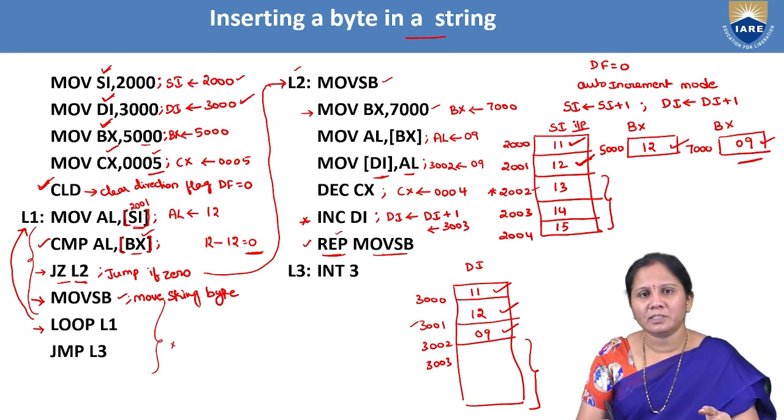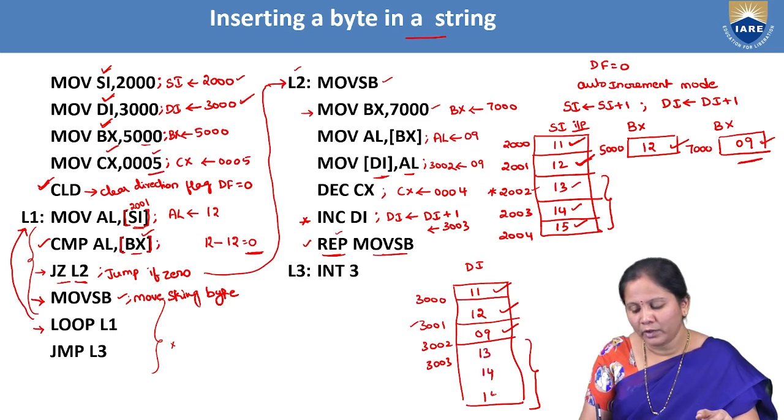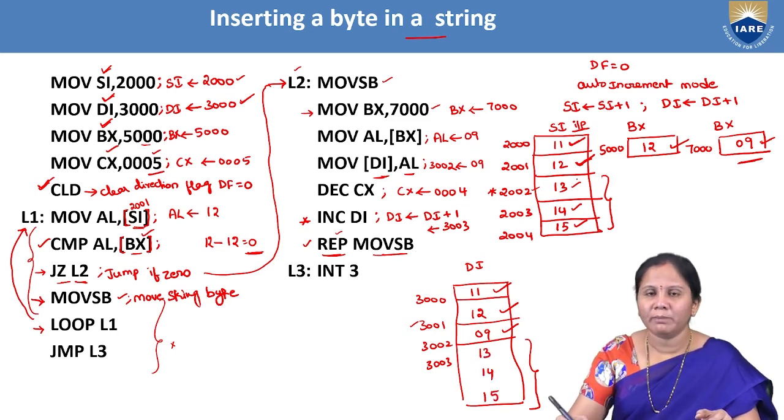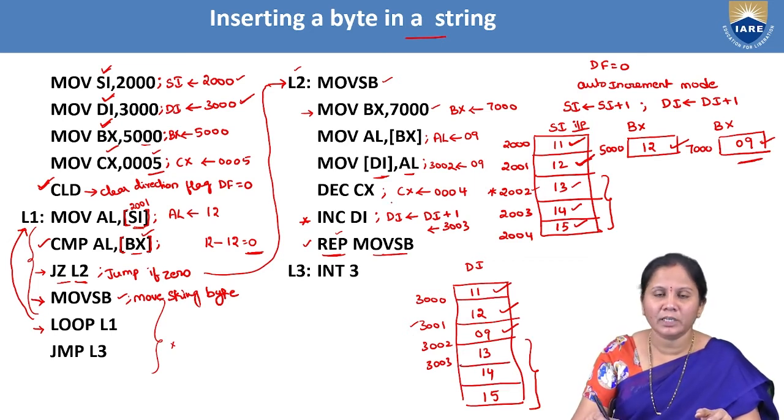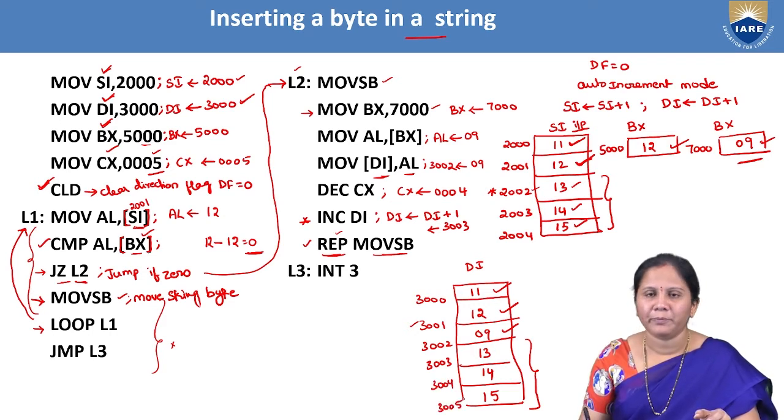When this instruction is executed, the entire remaining data will be copied from the SI location to the DI location. The remaining data is 13, 14 and 15, which will be copied from SI to DI location. Since we have written the increment DI instruction, this will be 3004 and this is 3005.